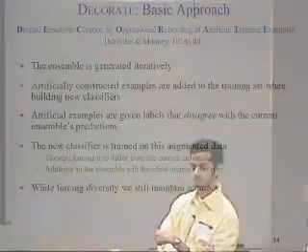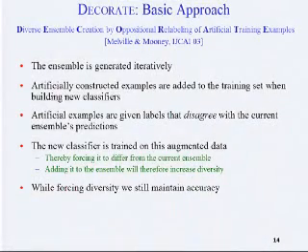These examples are selected and labeled in such a way that they disagree with the current ensemble's predictions. So when we train a new classifier on this augmented data, we force it to be different from the current ensemble. Therefore, adding it to the current ensemble will also increase its diversity.